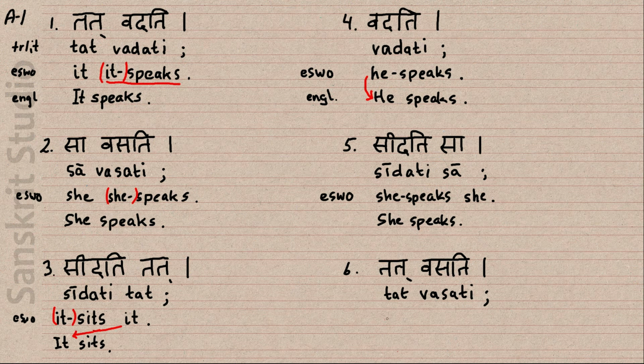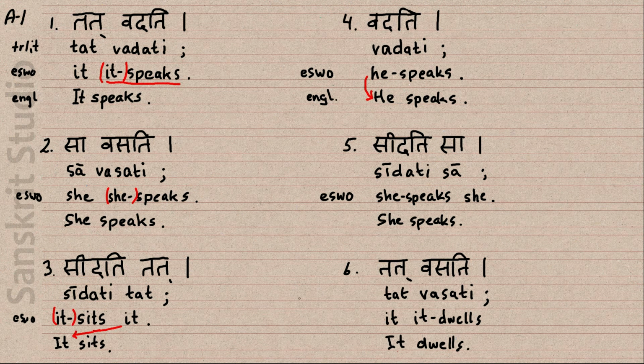And so our SWO line becomes it dwells. And then, of course, we get our final it dwells, like that. So no big surprise there.